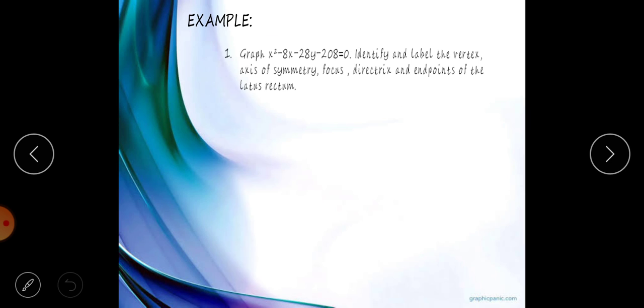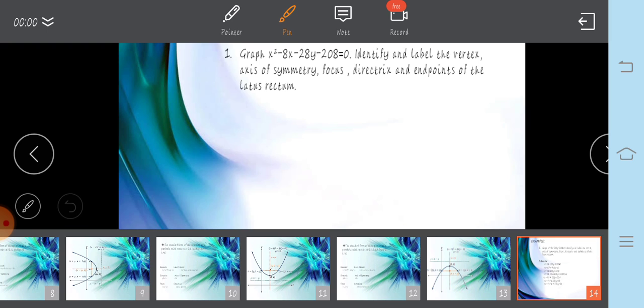So we have here an example. Graph x squared minus 8x minus 28y minus 208 equals 0. Identify and label the vertex, axis of symmetry, focus, directrix, and endpoints of the latus rectum.